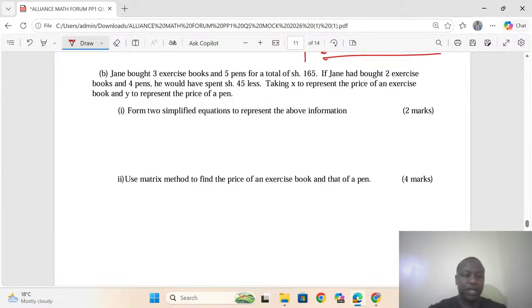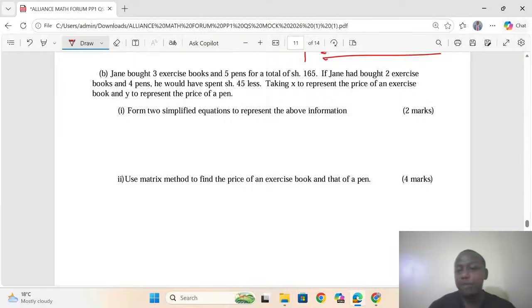Now, Jen bought 3 exercise books and 5 pens for a total of 165.